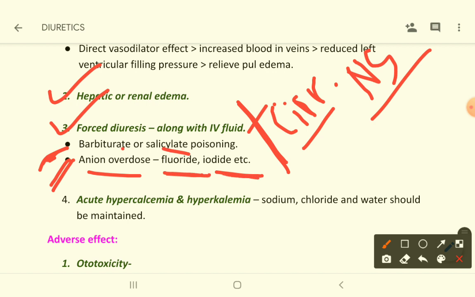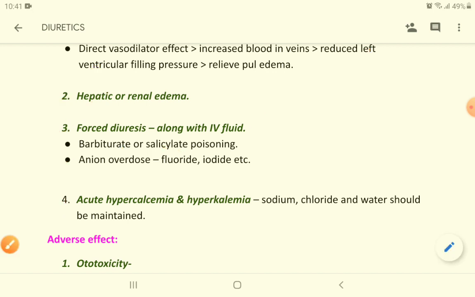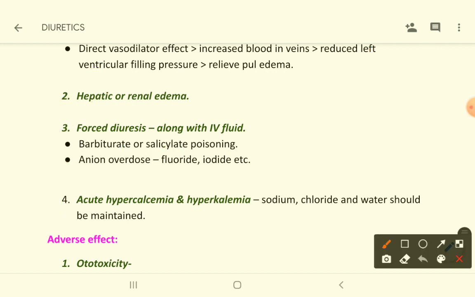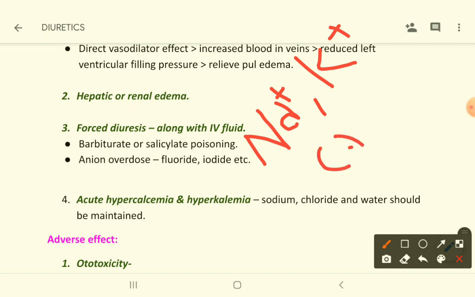And you can use these drugs in case of acute hypercalcemia and hyperkalemia. As we have mentioned, these drugs cause loss of electrolytes. They cause loss of sodium in the urine, loss of potassium, loss of calcium, loss of magnesium in the urine.